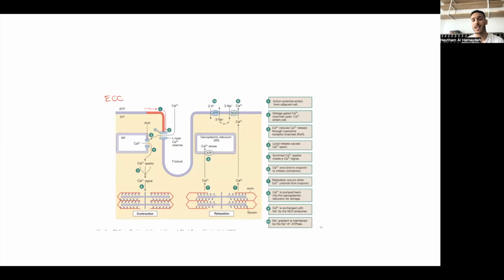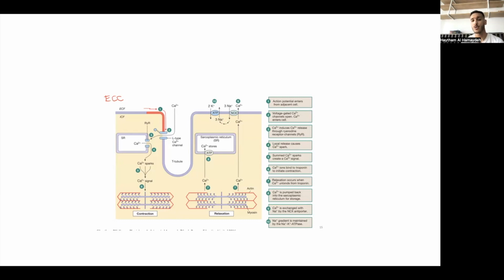Now, when we want to relax the muscles, two things happen: active transport of calcium ions from the inner environment of the cell into the sarcoplasmic reticulum, and also active transport of calcium outside the cell into the extracellular matrix. These two things help reduce calcium concentrations inside the cell.